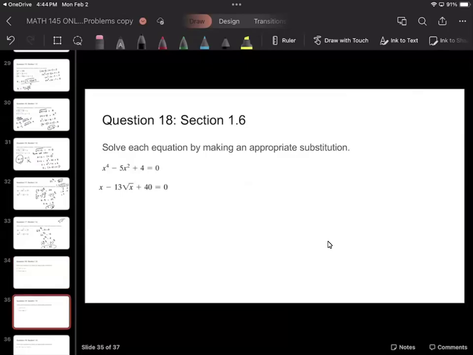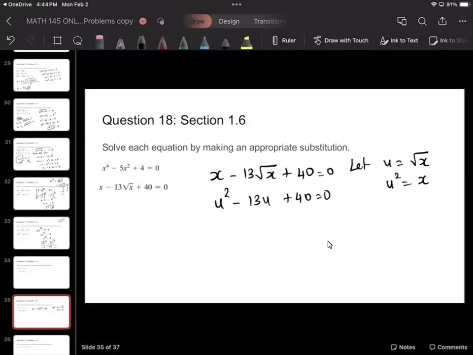So here the substitution I'm going to make is, I'm going to make u to be square root of x, which means u squared is x. So this becomes u squared minus 13u plus 40, factor u minus, wait, 40, 8 and 5.